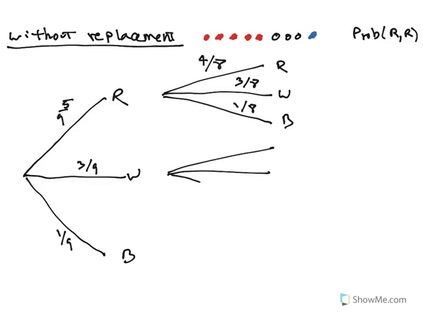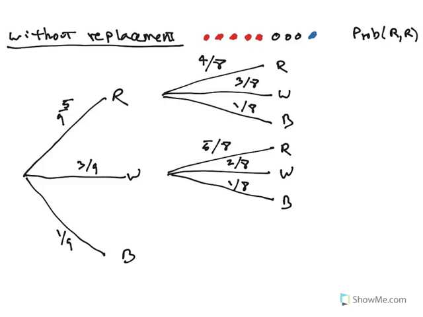Let's see what happens if we continue this down for the remaining ones. If we drew a white the first time, there's still 5 red, but only 8 balls. There's only 2 white left out of the 8 balls, but still 1 blue left out of the 8 balls.